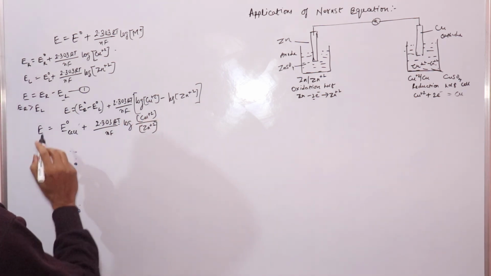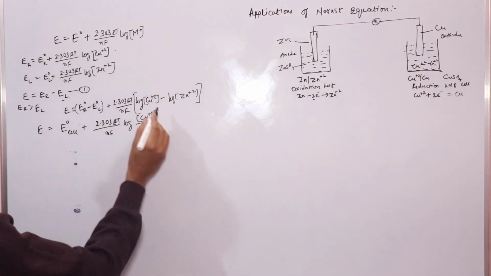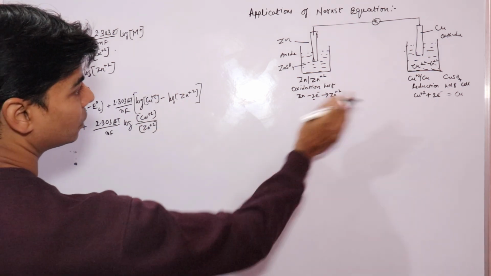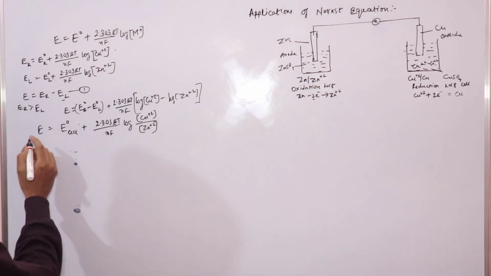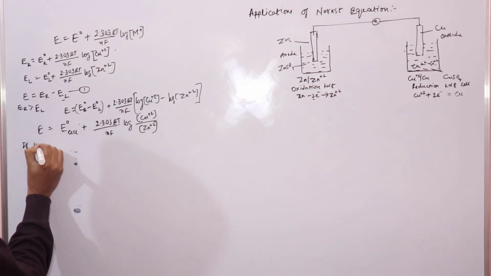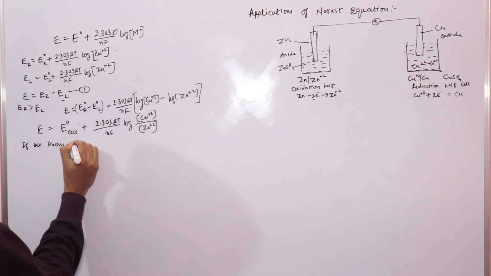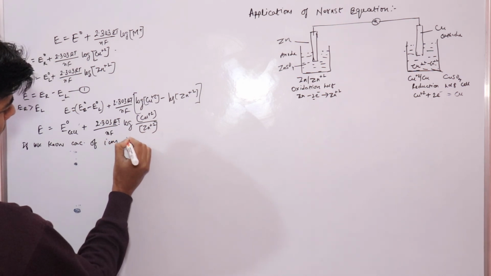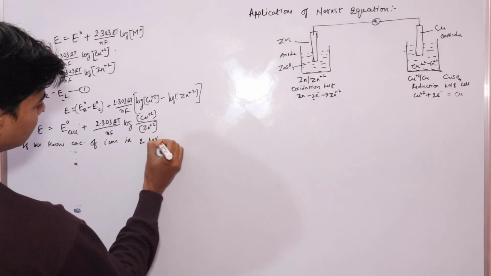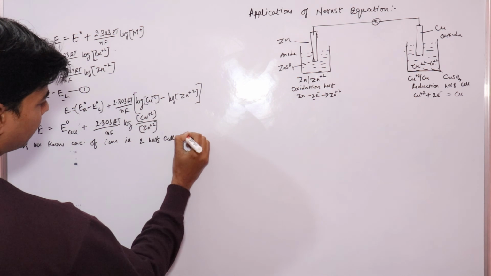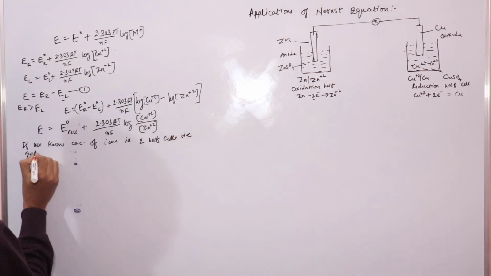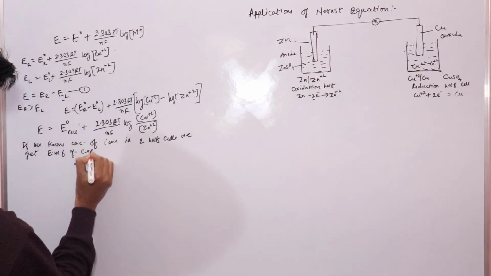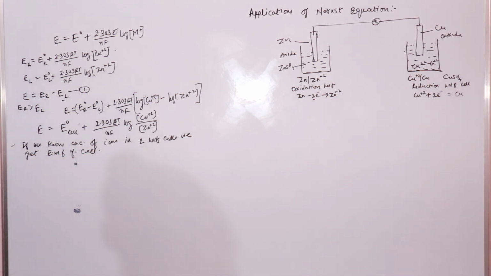So using the Nernst equation, we can find the EMF of the cell if we know the copper ion and zinc ion concentrations in the two half cells. So we write, if we know the concentration of ions in two half cells, we get the EMF of the cell.